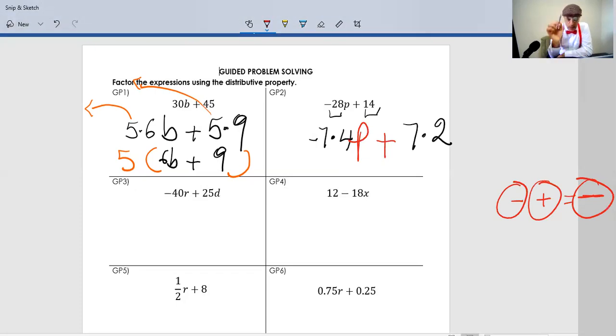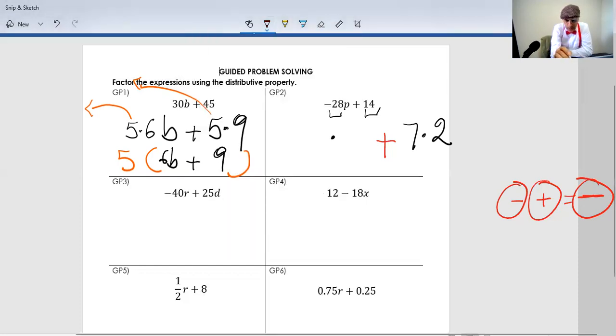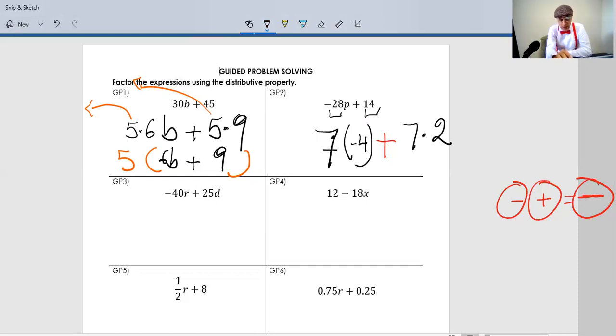Actually, I should make the 4 negative because I'm going to factor out a positive 7. So I'll write positive 7 times negative 4, which gives me negative 28.